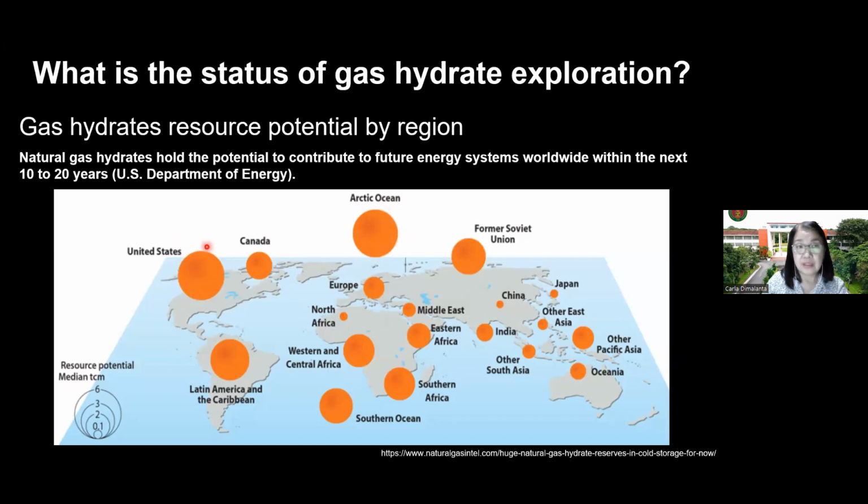The United States also has or holds a large resource potential for gas hydrates. Same thing for South America, and of course in all these other countries. Within the Asian region, Japan is at the most advanced stage of gas hydrate exploration, and China, of course, is not so far behind.